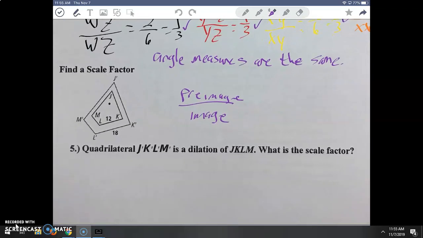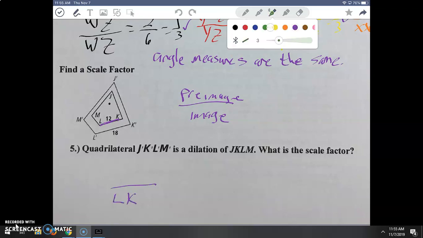So we look at LK, that has no apostrophes. So we have LK on the bottom, and the image or the after on top, L prime, K prime.